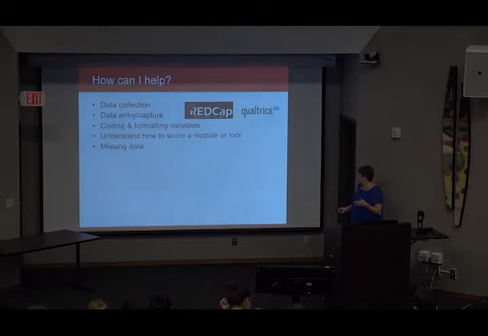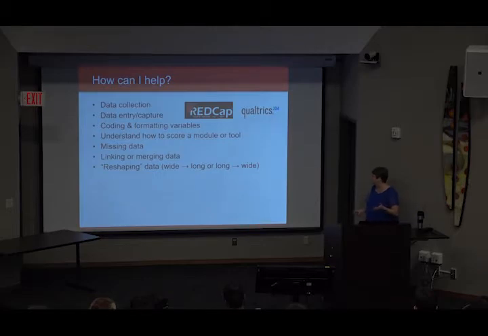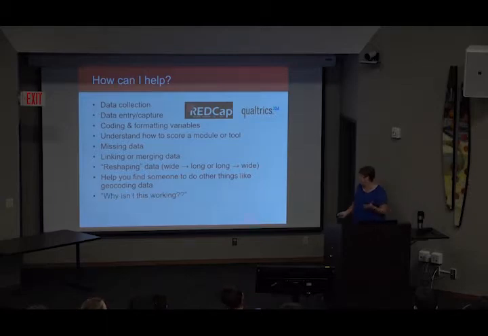So I can help with a lot of this kind of stuff, talking through the beginning, how to set up your database properly so that you save time at the beginning and don't have to do as much cleaning at the end. Talk about how to score a module or tool, what to do with missing data, linking data, help you find somebody else on campus who can do something like geocoding your data.